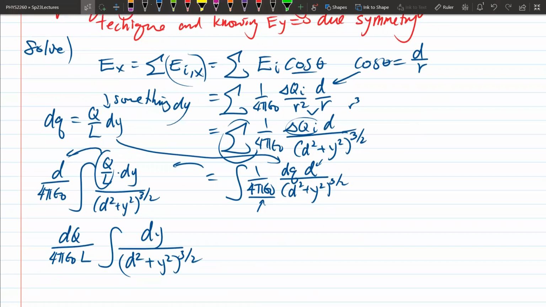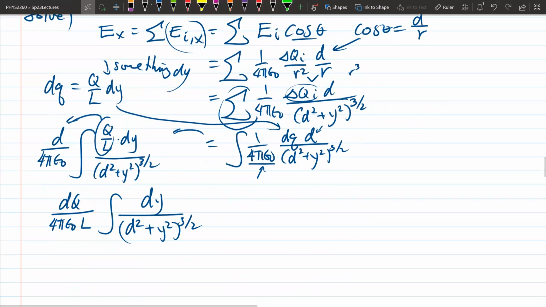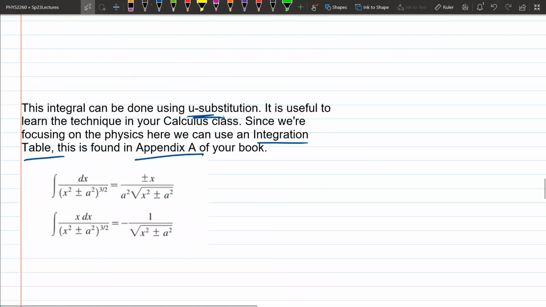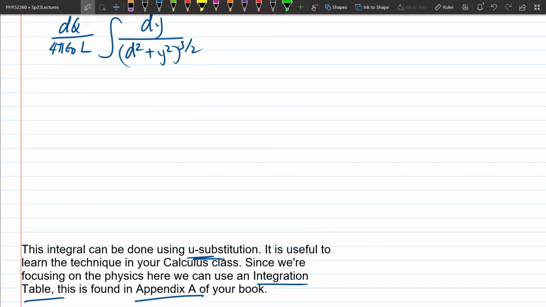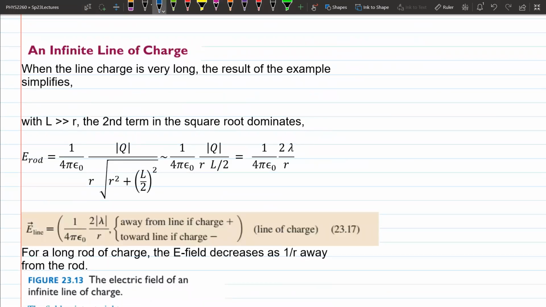I think the book does have a y in front, with the cosine of theta being x over r. I don't know why the book is doing it that way, but hopefully we'll end up with the same answer, which is the result for a rod. We'll see how that turns out.